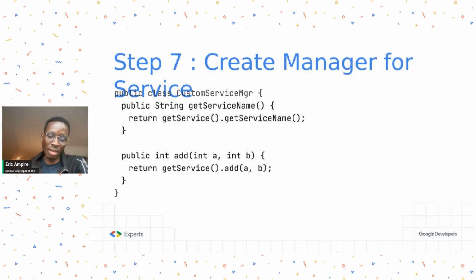Here you can see I'm just calling getService().getServiceName(), so I'm delegating this call to the service method. And the same thing here with my add method. The only thing I need to do is getService().add by providing that information, and the service will do all the computation and return the results to the user. So as you can see, the manager is basically the bridge between my application and the service itself.